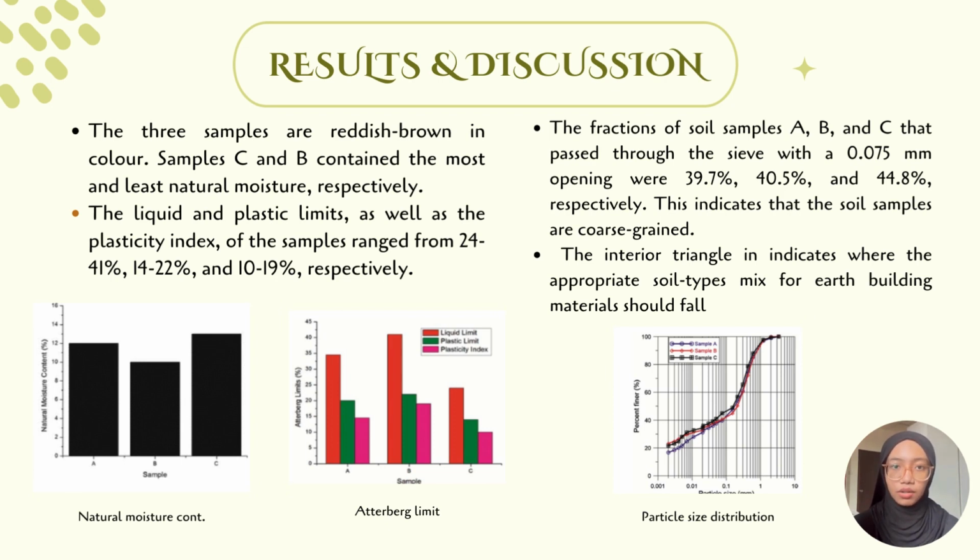The fractions of soil samples A, B, and C that pass through the sieve with a 0.075 mm opening were 39.7%, 40.5%, and 44.8%. This indicates that the soil samples are coarse grained.